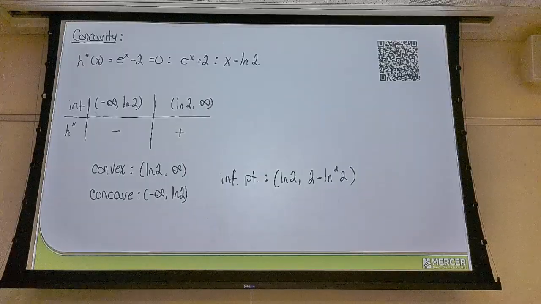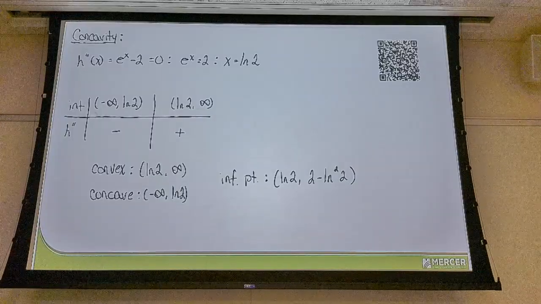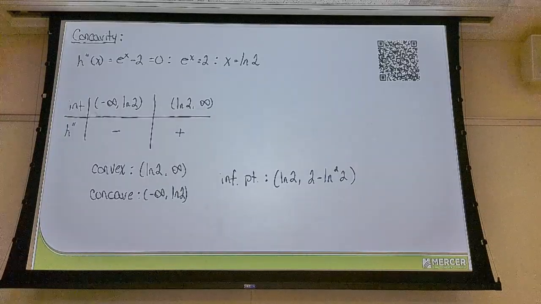Let me remind you, unless specified otherwise, leave your values exact. That means don't tell me what that is as a decimal. I will take off points.